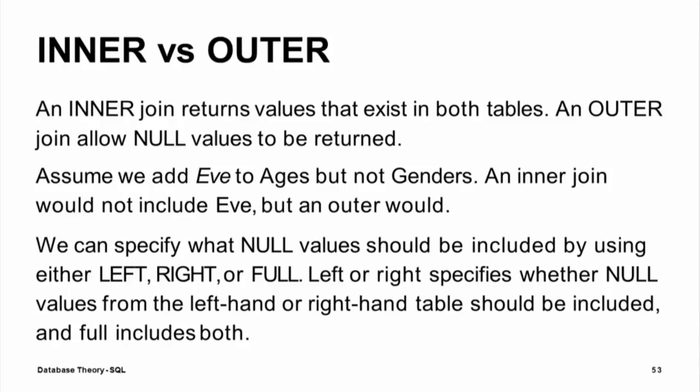And if you're having a bad day here, you get some strange results. So what they say here is that they are adding someone called Eve, but they don't supply an age for it. So if you are joining using a normal join, that won't be added to it. But if you are using an outer join, the result will be with that Eve added to it.